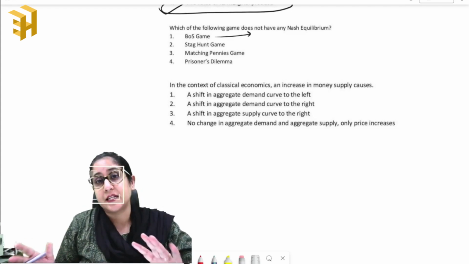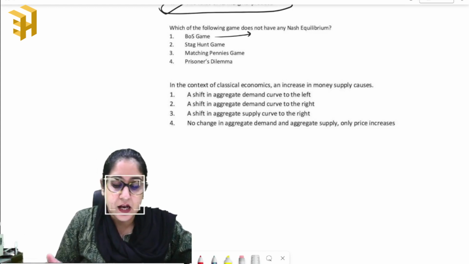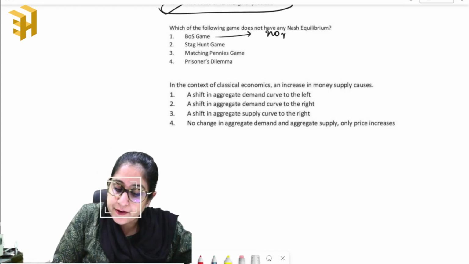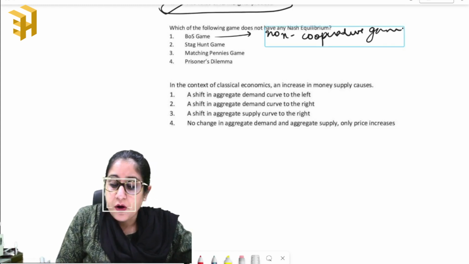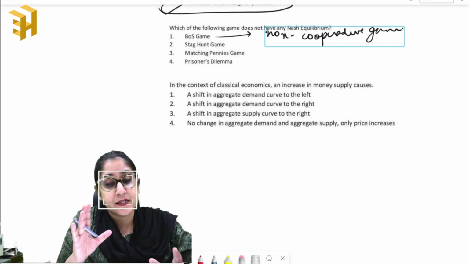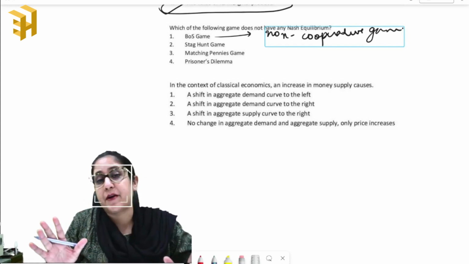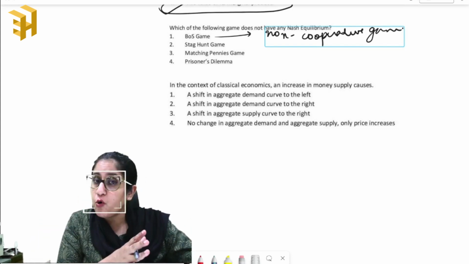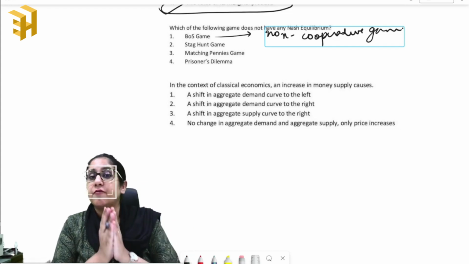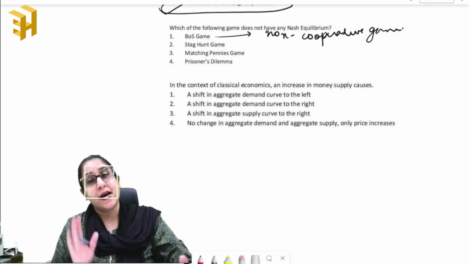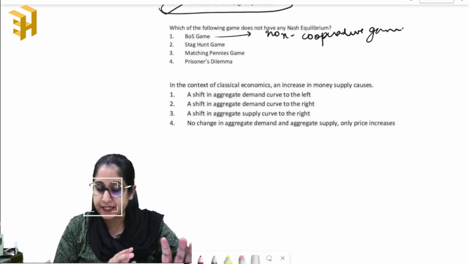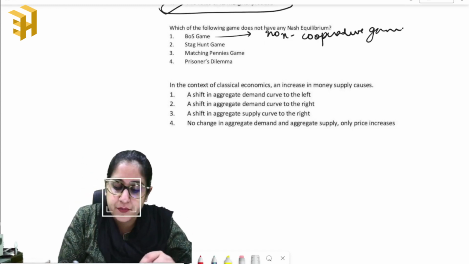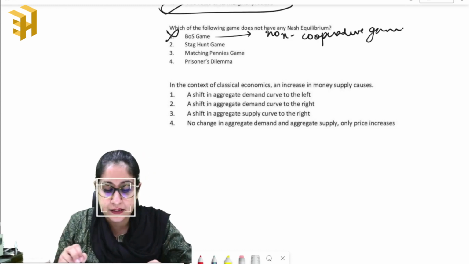Please note it down, this is a non-cooperative game, and the two parties have conflicting preferences. They want to coordinate, but they have conflicting choices. As a result, there will be two Nash equilibria in this case, so one cannot be the answer.